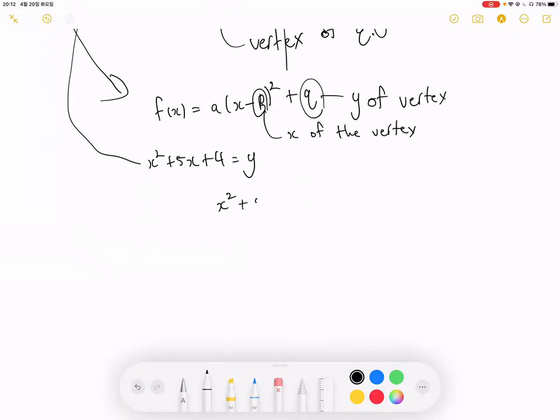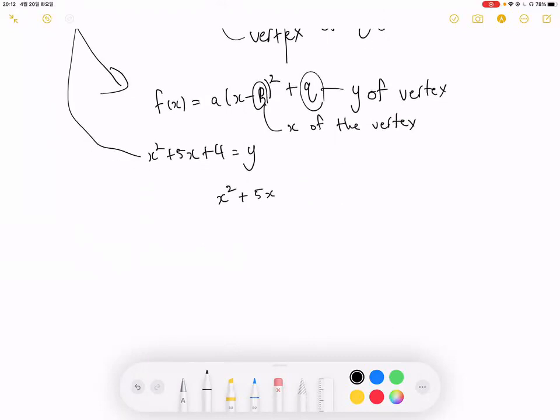With x squared plus 5x, this is a pretty bad example, but you divide the b value by 2. So 5 divided by 2 is 2.5. 2.5 squared is 6.25.